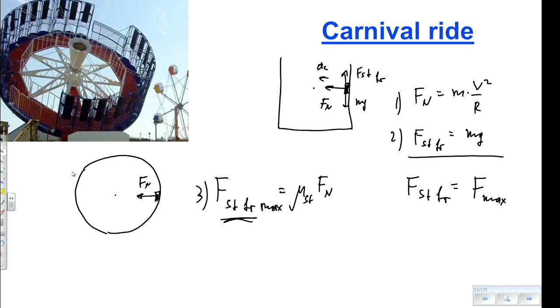Actual value on one hand is equal to mg. On another hand, for the critical speed, it is equal to maximum. And maximum equals coefficient of static friction times normal. And normal is equal to mv squared over r. That's a critical speed. Mass cancels, and we can calculate the critical speed. Critical speed will be equal to square root of g r divided by the coefficient of static friction.